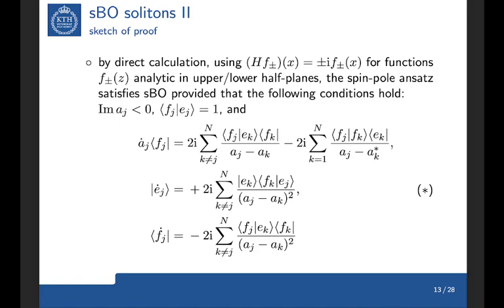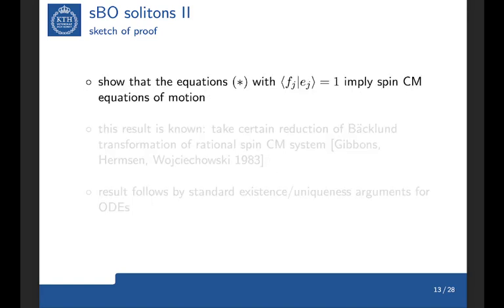So we know under what conditions we have a solution, and then it must be shown that the equations that we've just derived, together with this inner product constraint, imply the spin-CM equations of motion. So the equations for e_j dot and f_j dot are the same, but we must show that the Newtonian equations of motion for the a_j dot are implied by the first order equations on the previous slide.